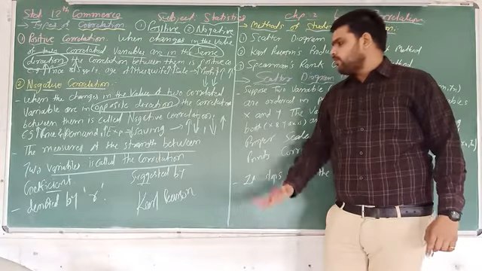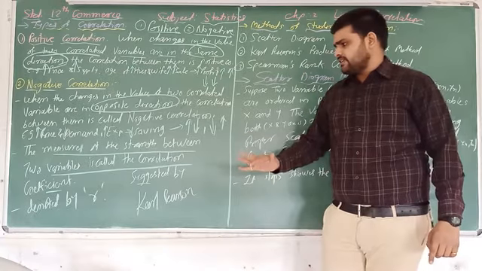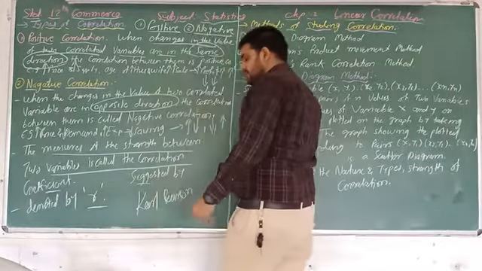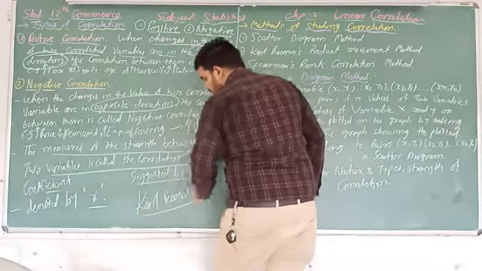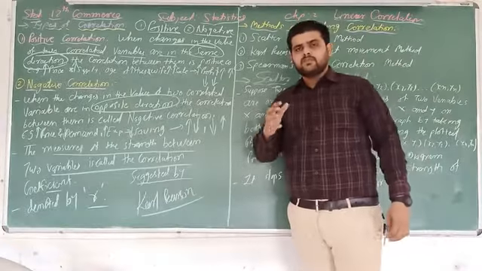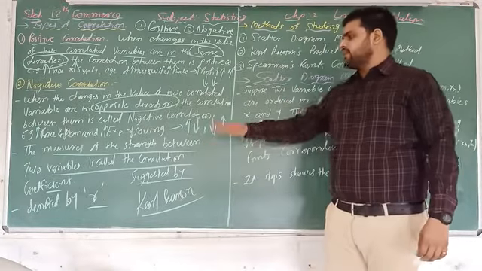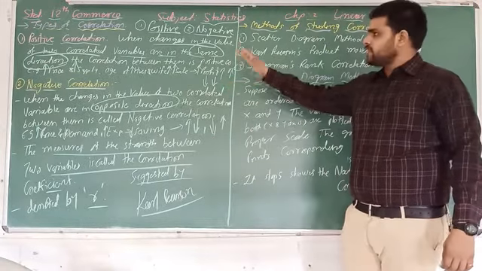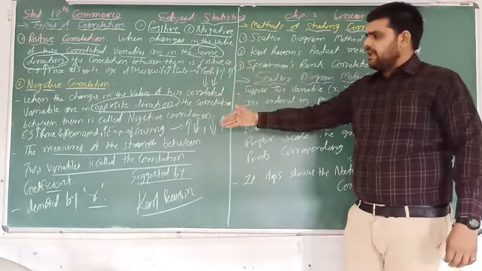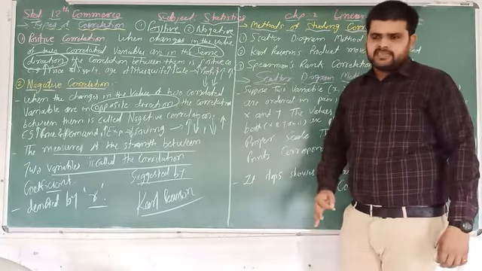It is denoted by small r, and this was suggested by Karl Pearson. As we know, Karl Pearson is the author and statistician who suggested the correlation coefficient. So in this part we learned positive correlation, negative correlation, and correlation coefficient.